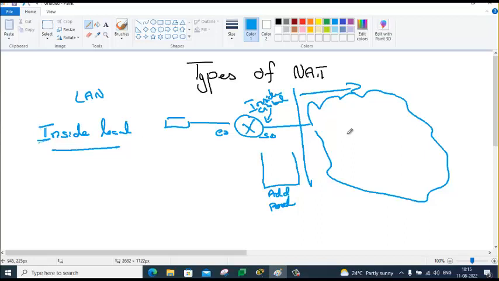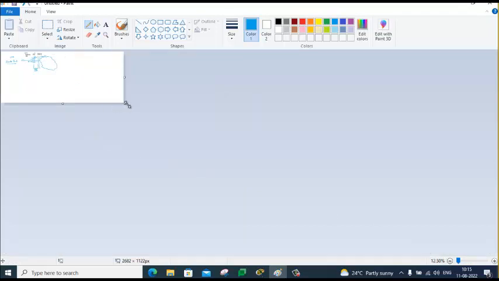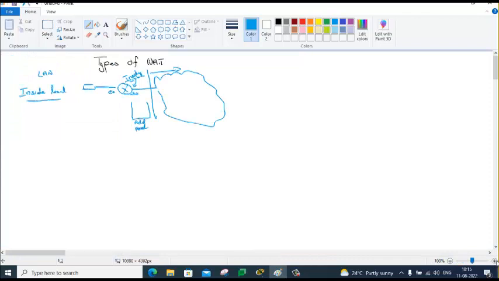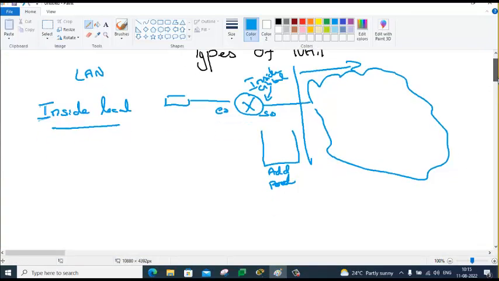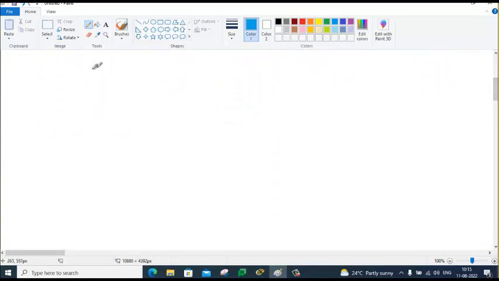Now, our focus today is on types of NAT. There are 3 types of NAT in a router. Number 1, static NAT.